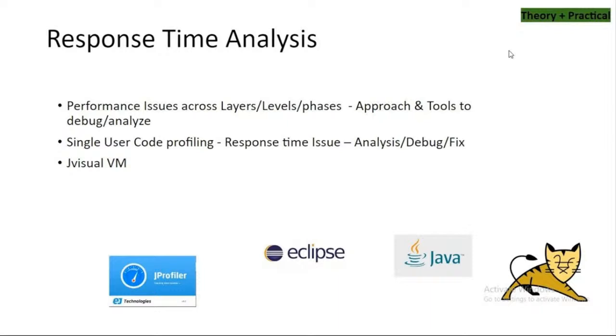If a login takes 3 seconds versus 8 seconds, your CPU is busy for 8 seconds compared to 3 seconds, which means a thread is active for 8 seconds rather than 3 seconds. So response time, thread, and CPU are all interrelated, and that defines your capacity. Don't worry if you don't understand; we'll go into detail later. I'm just giving you a preview of what you're going to learn and why we need to do this.